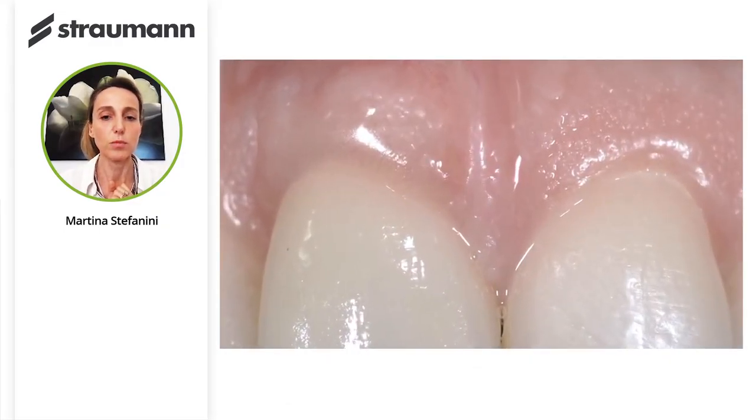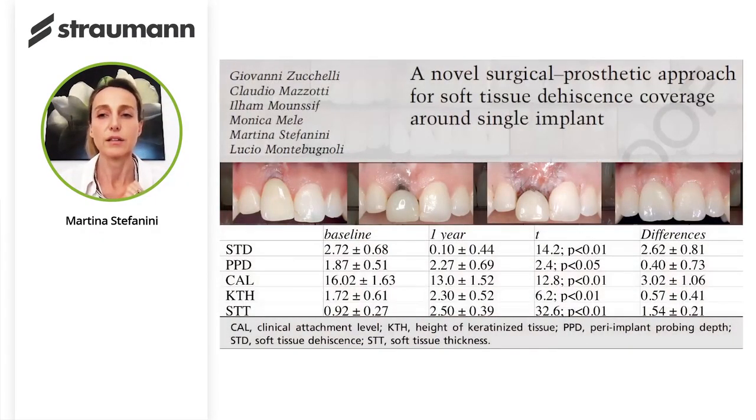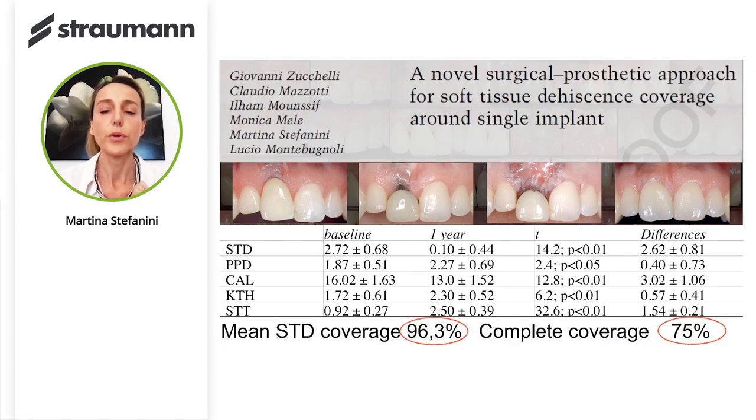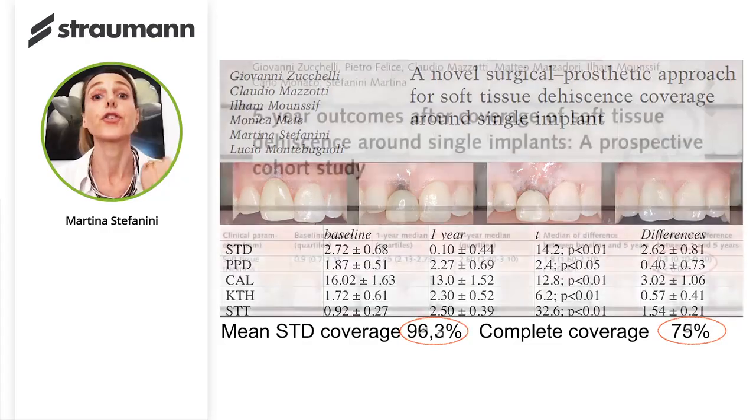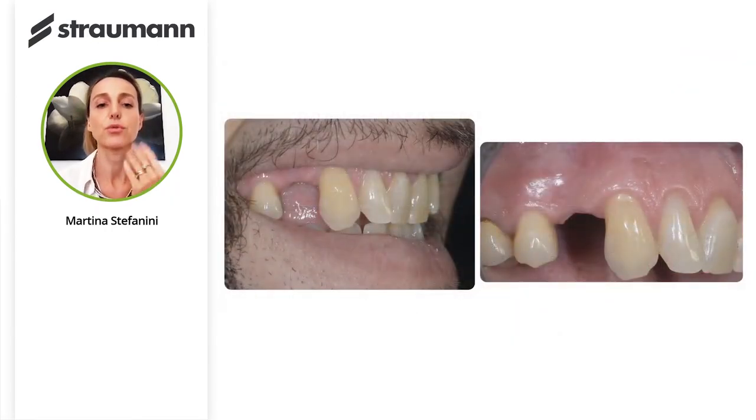And you see, it's almost impossible to recognize the margin around the implant supported restoration and the adjacent teeth. And this was one of the cases that we treat in our case series study, in which we reported the outcome also after 5 years to demonstrate the stability of this combined prosthetic and mucogingival procedure in the treatment of soft tissue dehiscences.